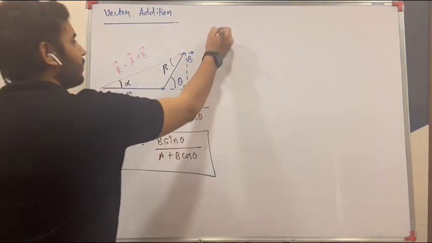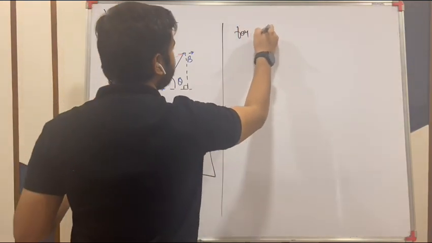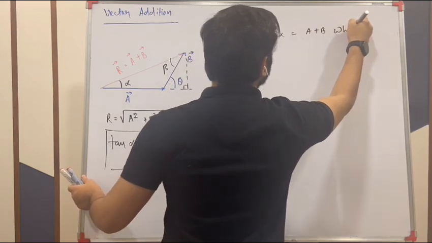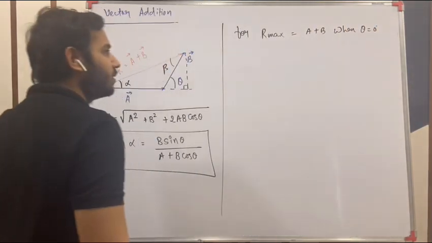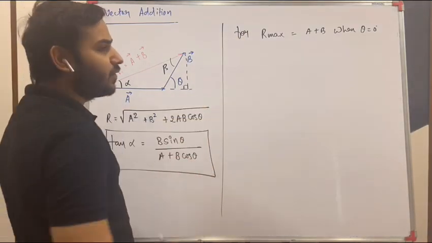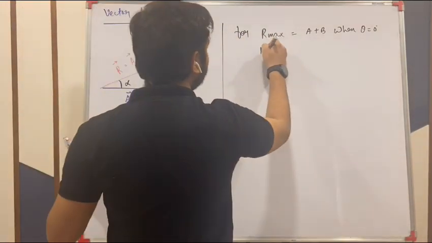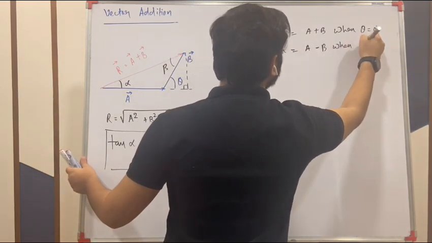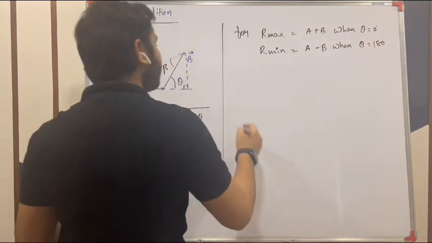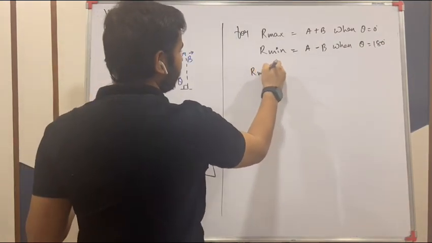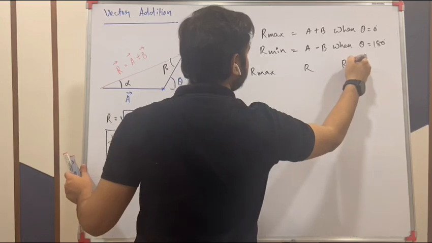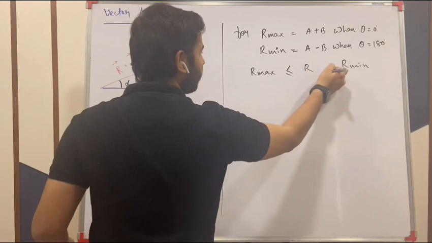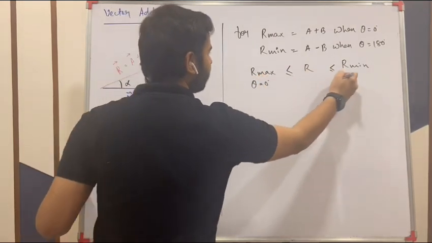Now for R max, you can say A plus B, the magnitude of A plus the magnitude of B, when theta is 0. For R minimum, it was A minus B when theta is 180. So any value of the resultant vector R lies between minimum and maximum.